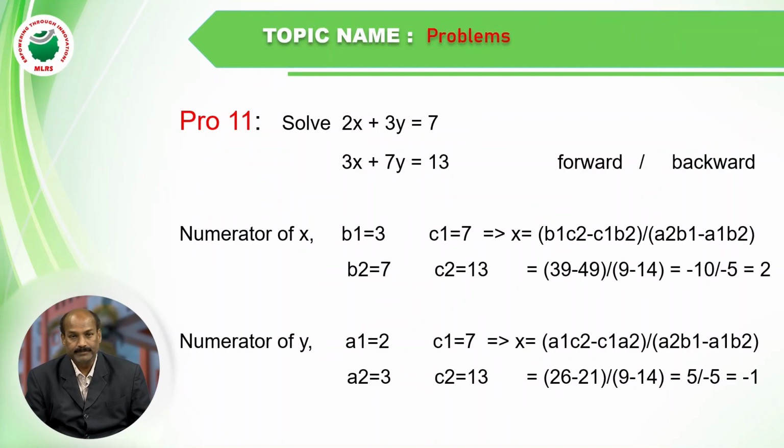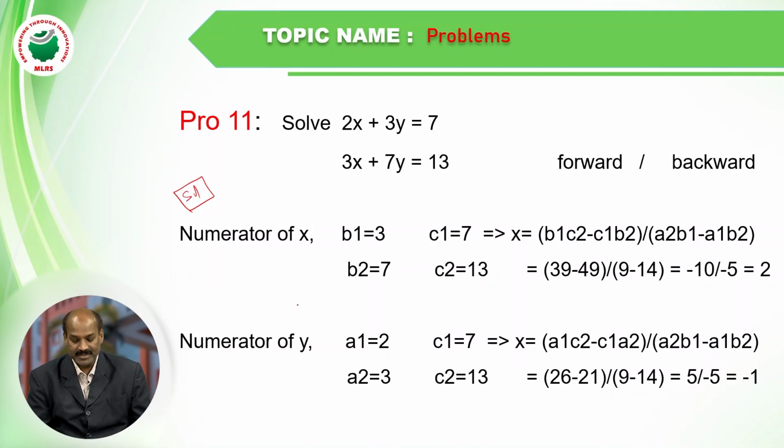Now problem 11. Solve 2x plus 3y equals 7, the first equation, and the second equation is 3x plus 7y equals 13. To find the solution, we have to find the values of x and y.